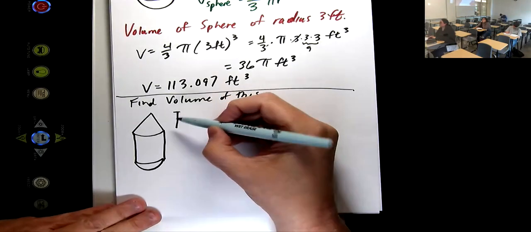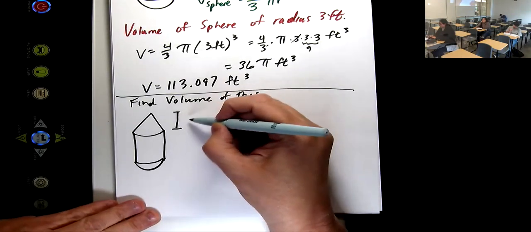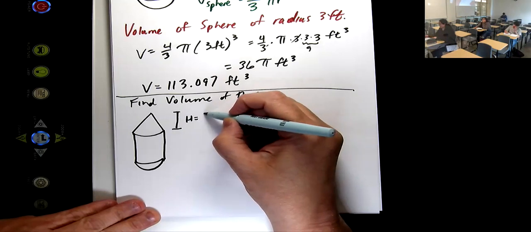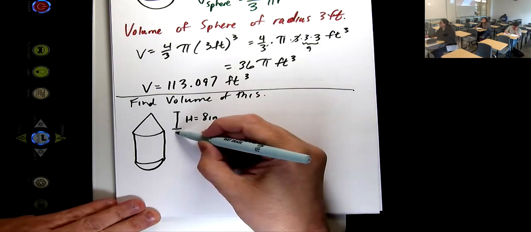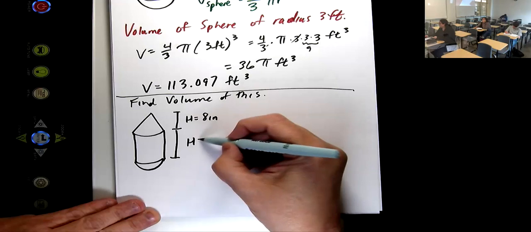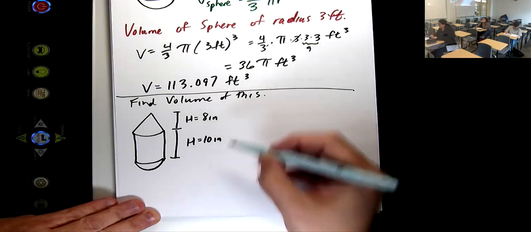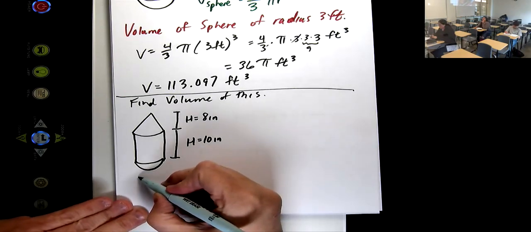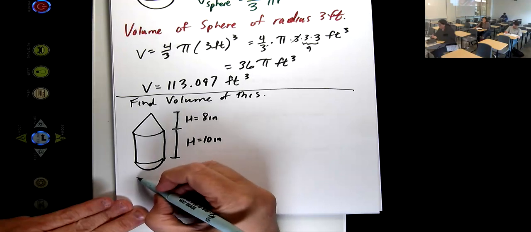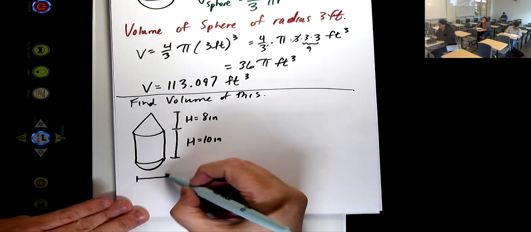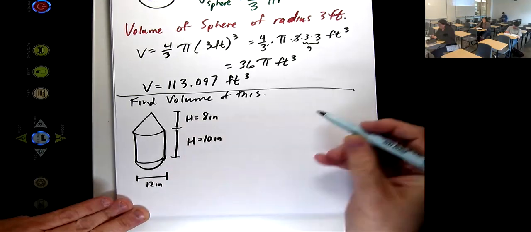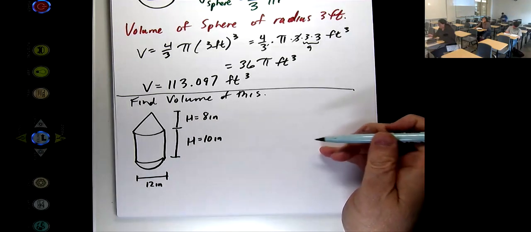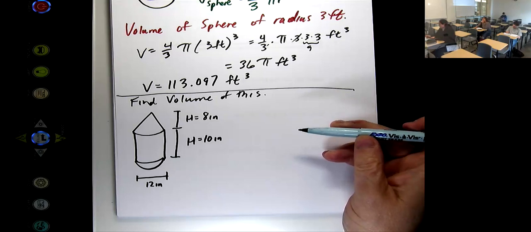The height of the cone is 8 inches, and the height of the cylinder is 10 inches, and this is, let's say, 12 inches across. And they want you to find the volume.